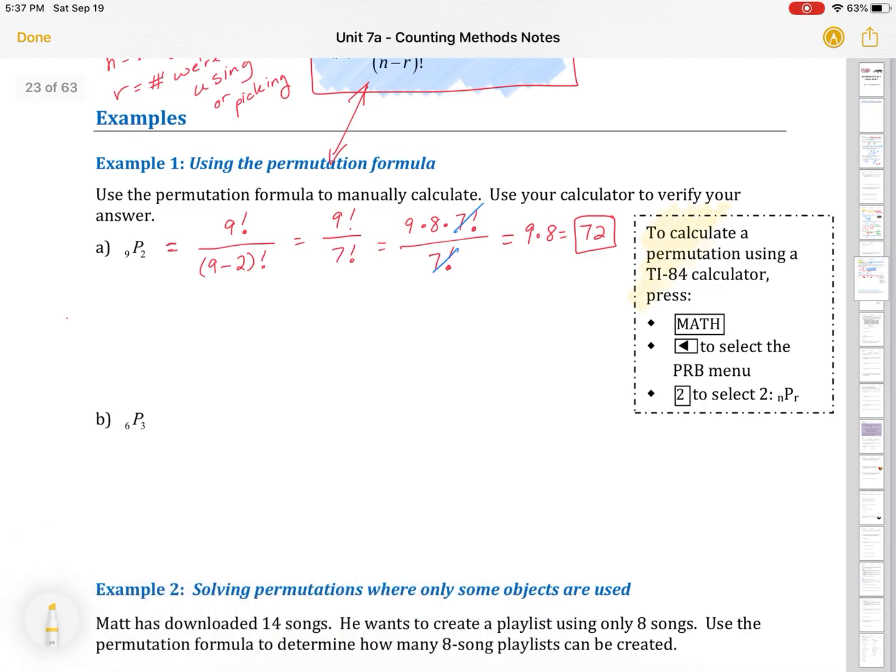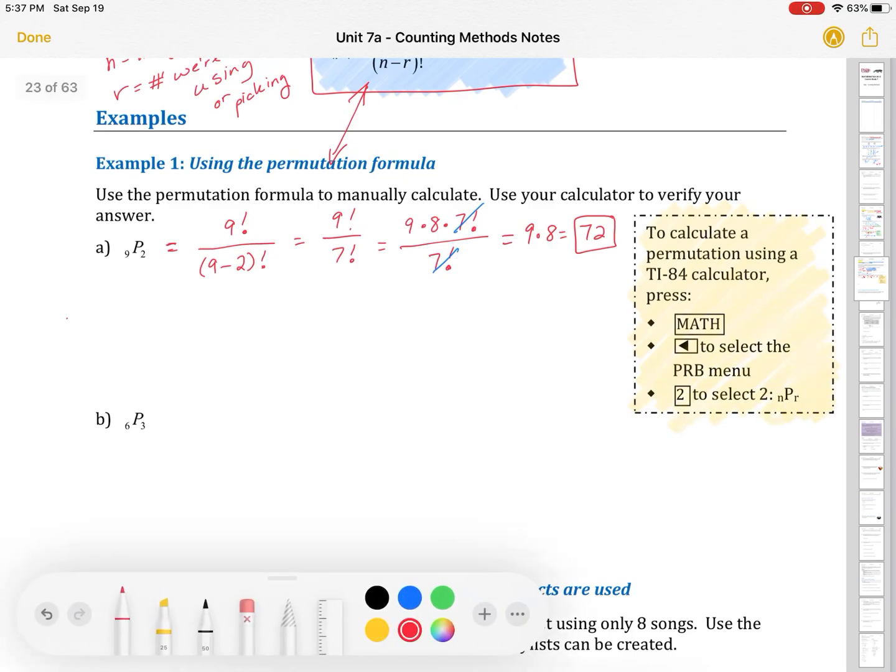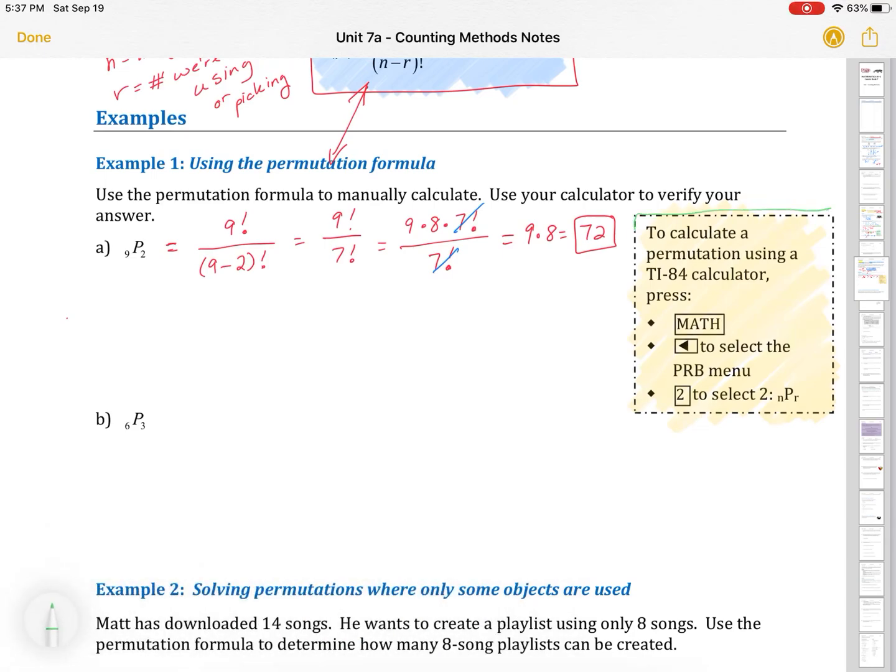Now let's see how to use our calculator to do a permutation, using a TI-81 calculator. Take this 9P2.